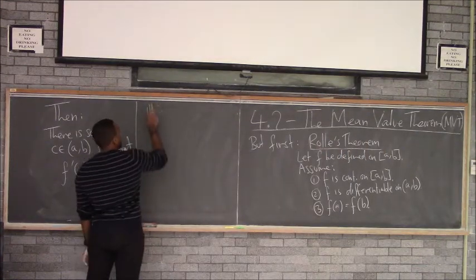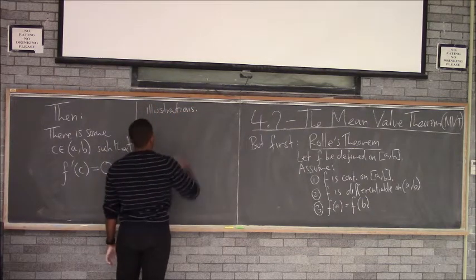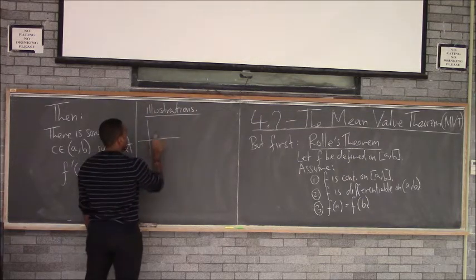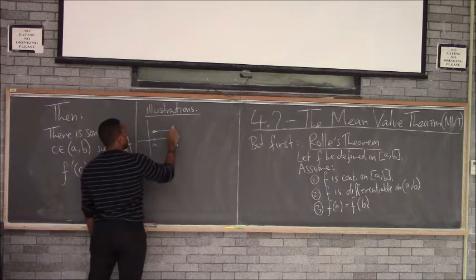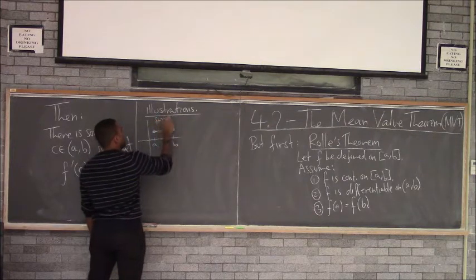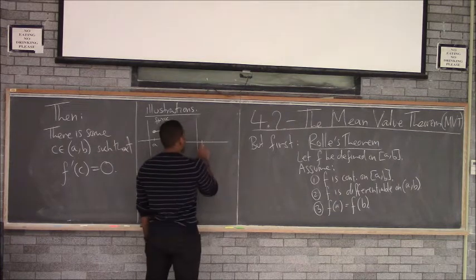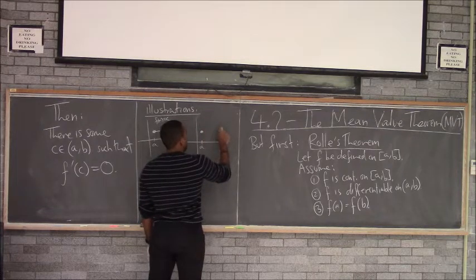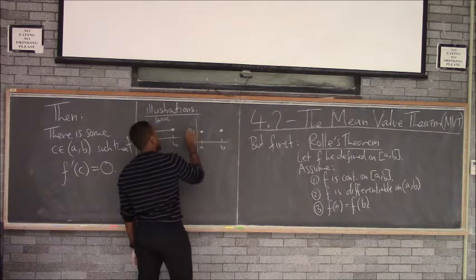Here's some illustrations. Here's a, here's b. Suppose I have a constant function, f(x) = c, versus, here's a, here's b. f(b) and f(a), these are all the same. So this is f(a) equals f(b).